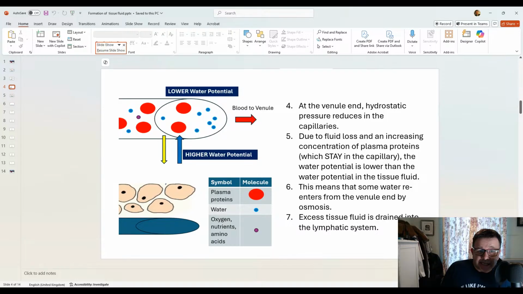At the venule end, the hydrostatic pressure now is much reduced in the capillary. The other thing is, due to fluid loss and an increase in concentration of plasma proteins, which stay in the capillary, the water potential is now lower. Okay, and this means that some water re-enters from the venule end, and excess tissue fluid is drained into the lymphatic system. So that's the first thing I want to go through.